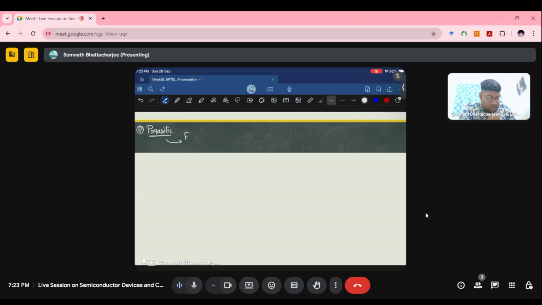For a long channel, we know that the gate voltage controls the barrier to charge injection. So based on the gate voltage, the device performance changes for a long channel.